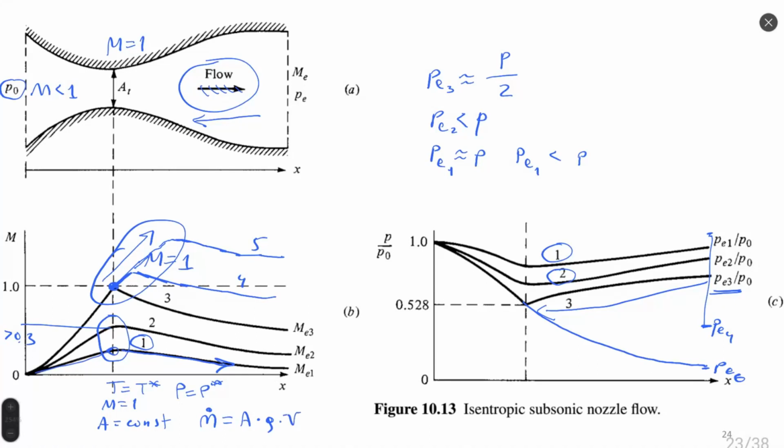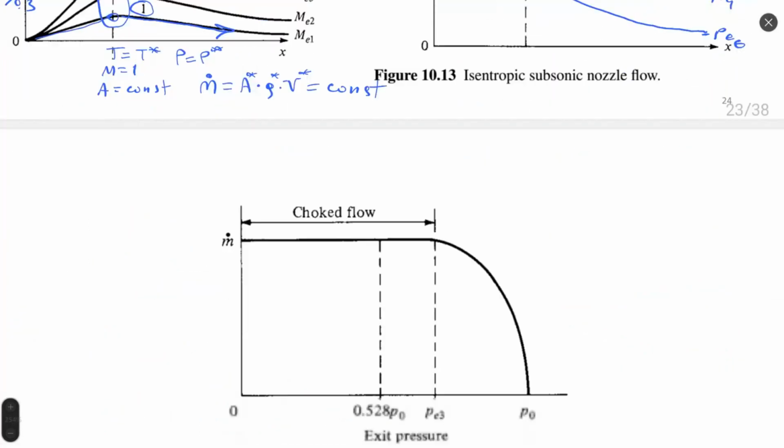Since we have area constant, we can use throat area, density in the throat, and velocity in the throat corresponding to our Mach 1. Since Mach 1 is the same for all cases, we have the same density and the same velocity for all cases. So independently, cases 3, 4, and 5 will result for us in a constant quantity of mass which flows through the nozzle. And this is called choked flow.